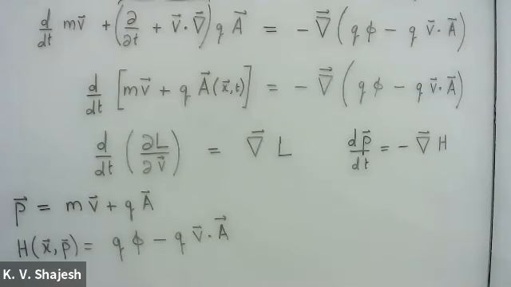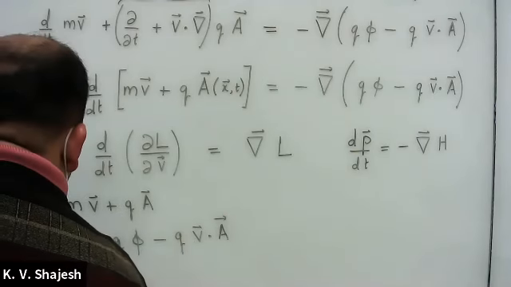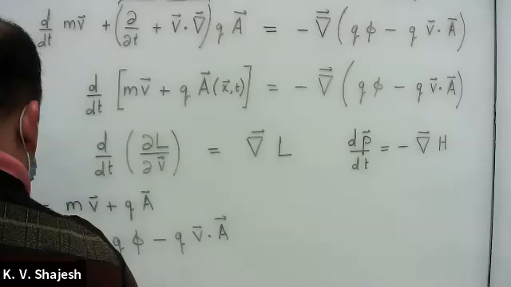Because what I said is that the Hamiltonian has to be written in terms of your momentum, correct? So you cannot write this then. Agreed? So it has to be written in terms of velocity. Right? So you would say, oh, okay, so I'm stuck here.